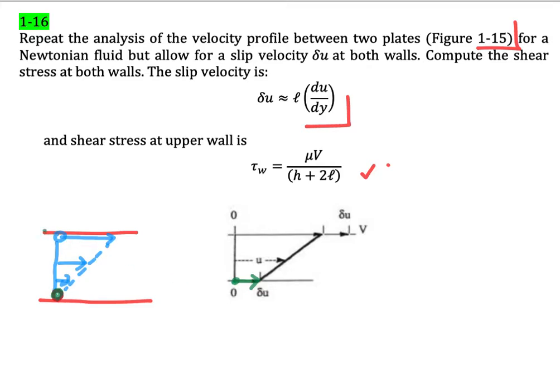So at this point, you need to think about the idea of relative velocity, because we have two velocities in that situation. One is the velocity of the moving plate, and another one is the velocity of the moving molecules.